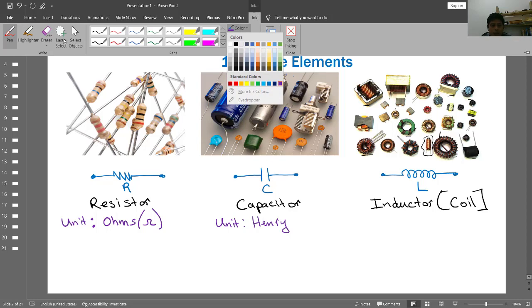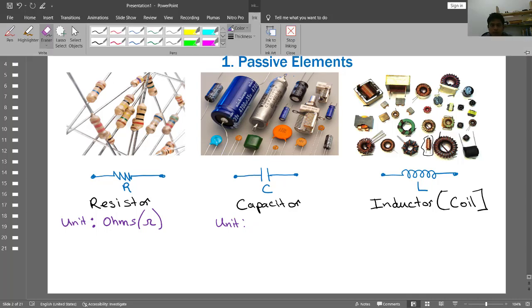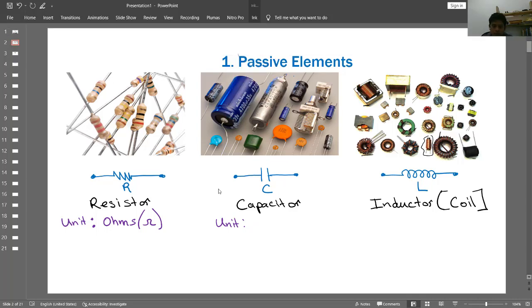It is not Henry, but it is Farad, symbolized by capital F, and the inductor is the Henry. So I made a mistake there. Please excuse me. It's the Henry, capital H. This is R.